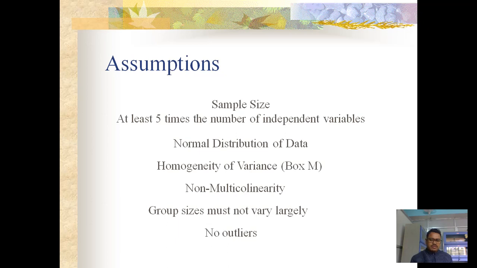Ultimately, if we do, there is a possibility that our results will be impacted in terms of validity and reliability. Also, outliers are a major problem for performing a linear discriminant analysis, so we have to ensure that there are no outliers.